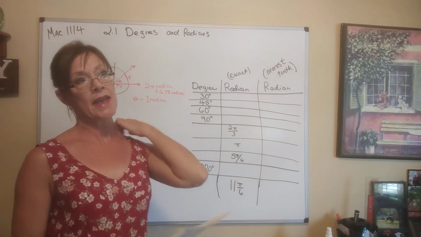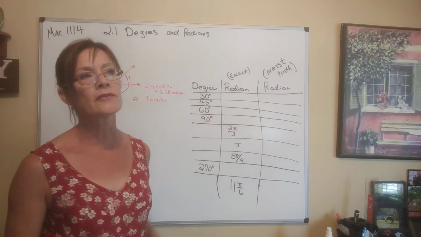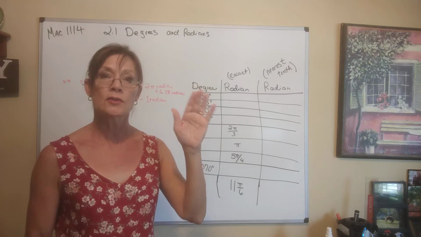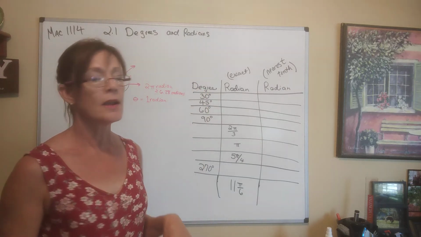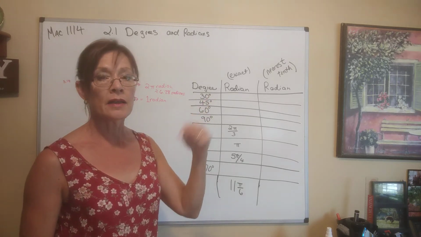And how I keep this in my head is whatever I'm trying to turn it into is what's going to go in the numerator. So if I'm in radians and I want to turn into degrees, I multiply by 180 degrees over pi, or if I'm in degrees and I want to go to radians, I multiply by pi over 180 degrees.